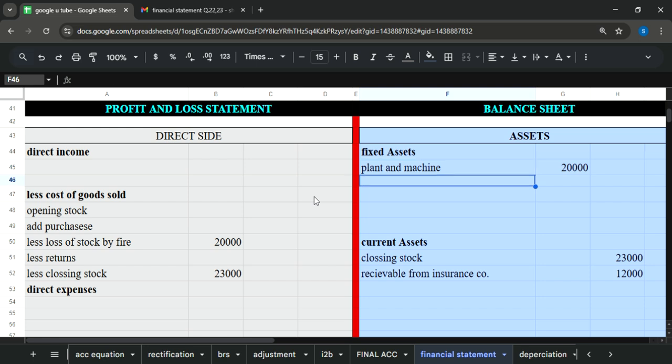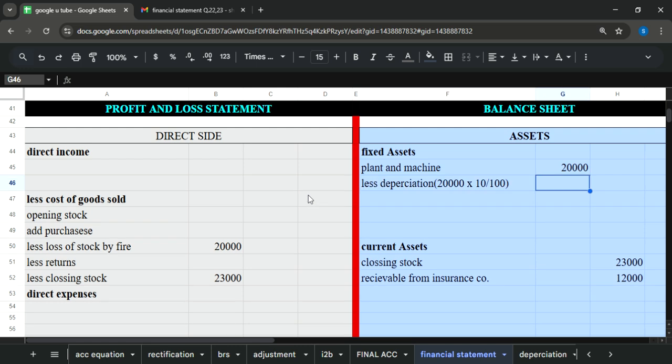So here you will write less depreciation, and how you will calculate: the amount of asset is 20,000 and you will multiply 10 divided by 100 because the rate is given. Once again, what is 20,000? This is the amount of your asset, means plant, and then you will take 10% depreciation.